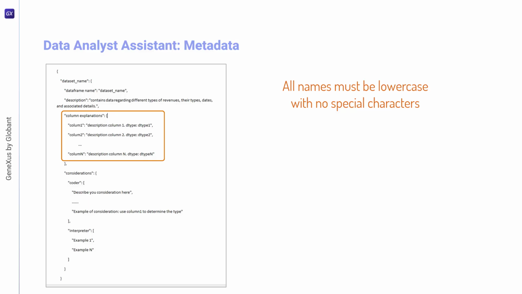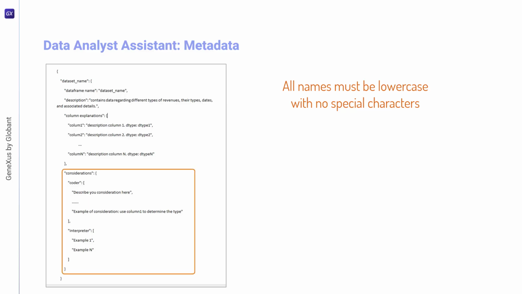It's important to consider that column 1 to column n correspond to the exact names, without blanks or special characters, of the columns in the CSV files to be loaded. The number of columns in the CSV files must match the number of columns provided in this metadata. In addition, it's important to avoid duplication of column names.